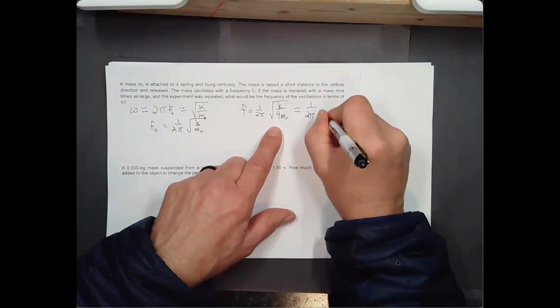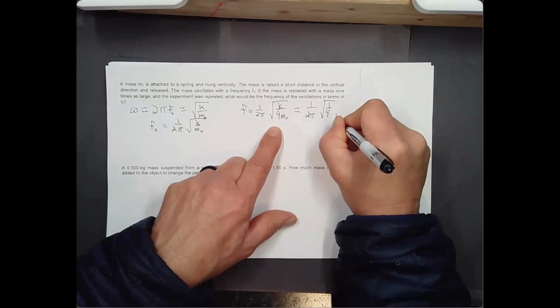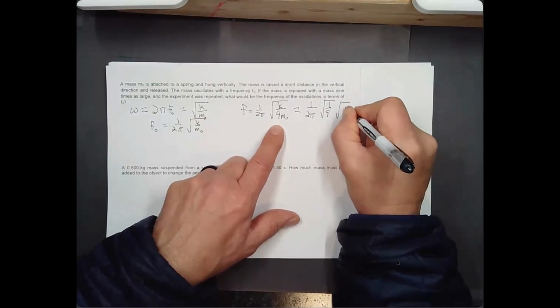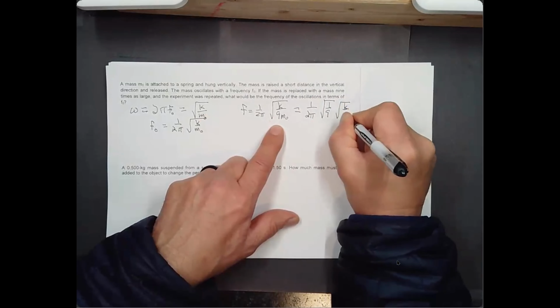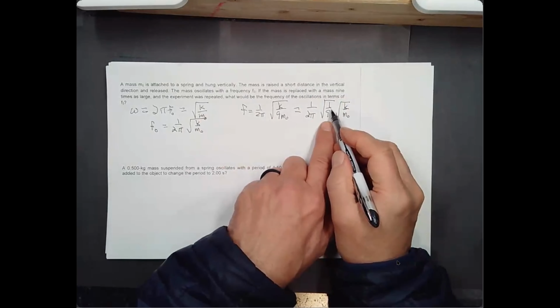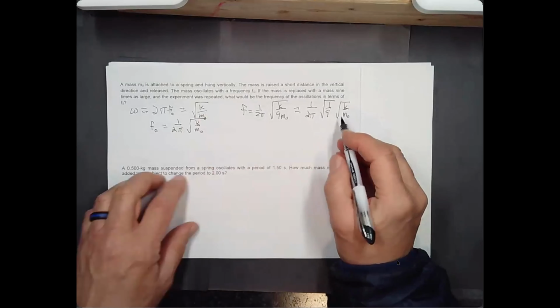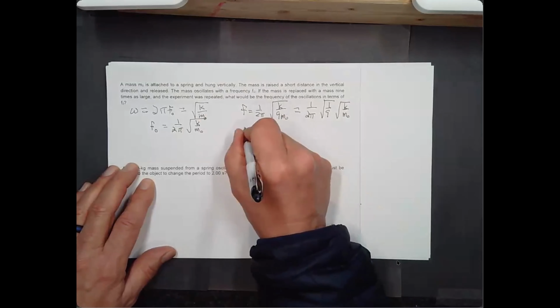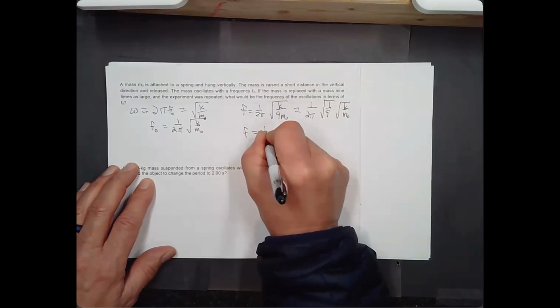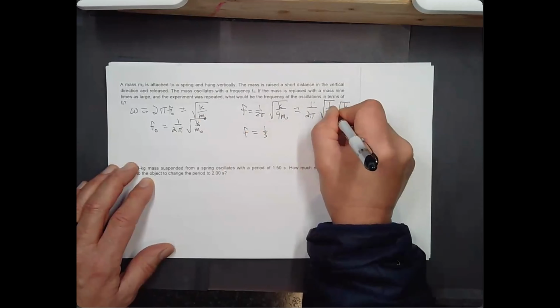One is a radical with 1 over 9, and one is a radical with k over m naught. If I take this 1/9 and move it over there, I can take the square root of 1/9, which is 1/3. The new frequency is going to be 1/3 of, I'll take the 1 over 2 pi and move it back there.